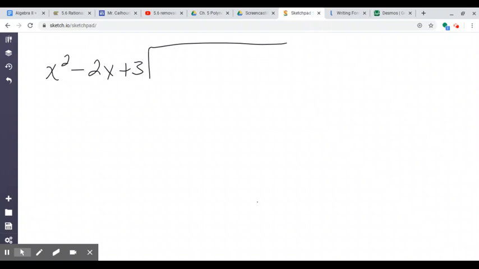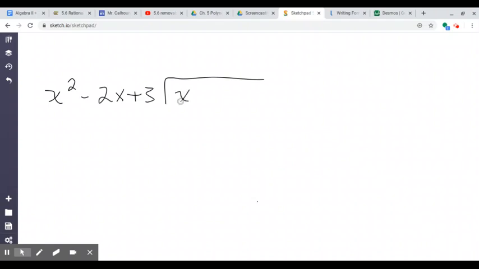Let's do a new page. Didn't give myself enough room. So we have x squared minus 2x plus 3, and then we have x cubed plus 0x squared plus 0x plus 1. Remember, when we're doing long division, we can't skip any of the terms. We just have to use zeros as placeholders, and it's helpful when we're actually doing the long division.